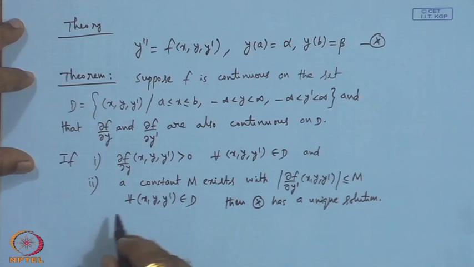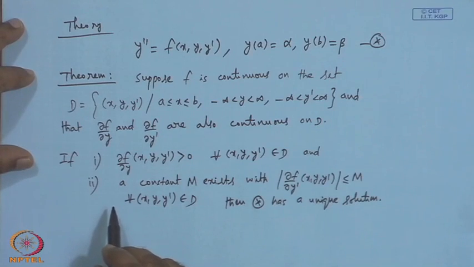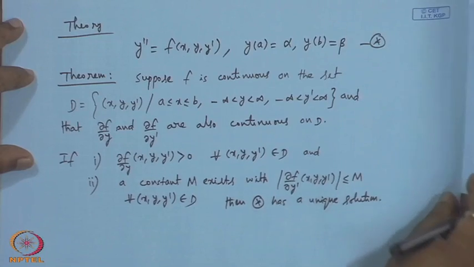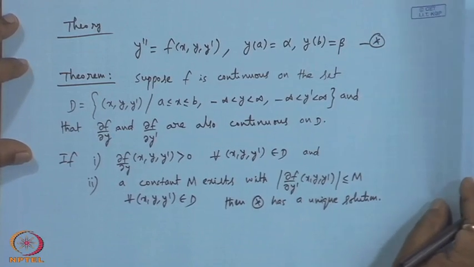So, if you recall, for IVPs we have assumed Picard's existence, satisfying the Lipschitz condition, and a similar sort of existence theorem holds for the 2-point boundary value problems.